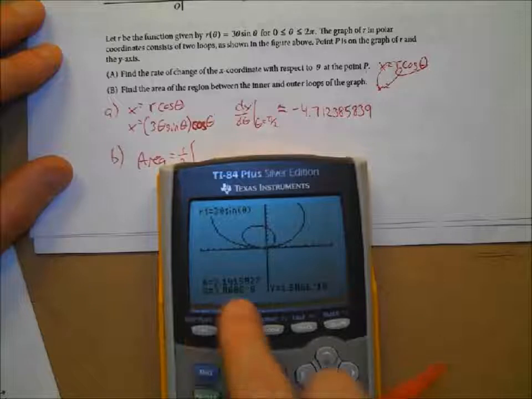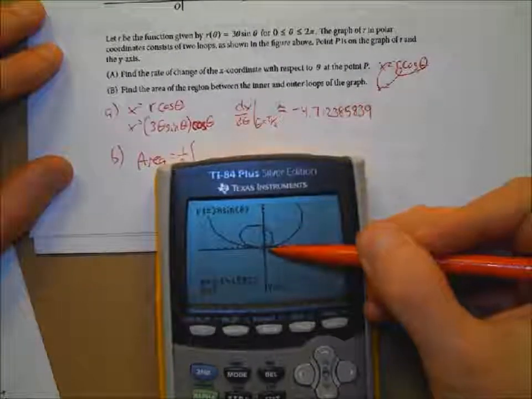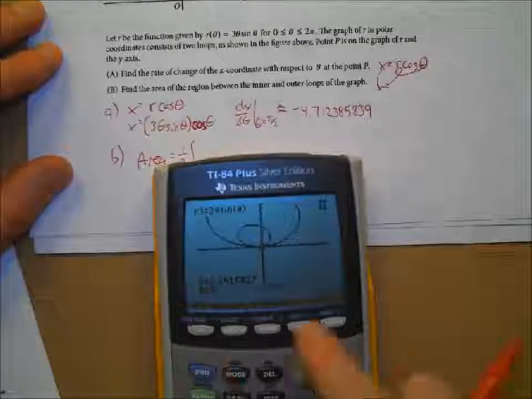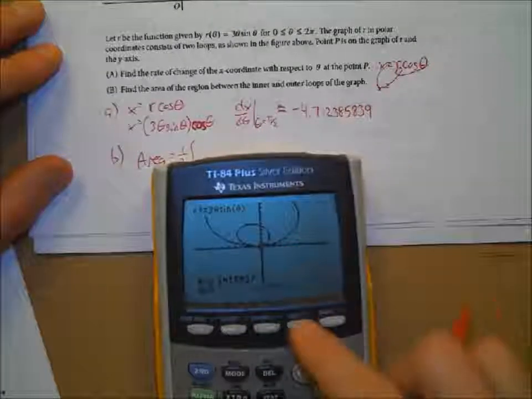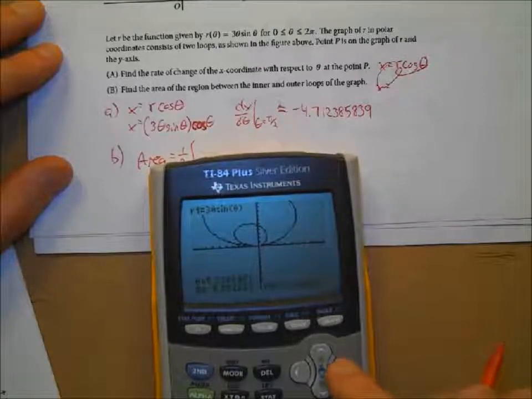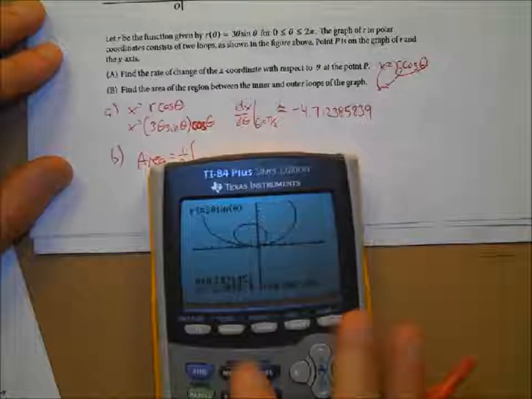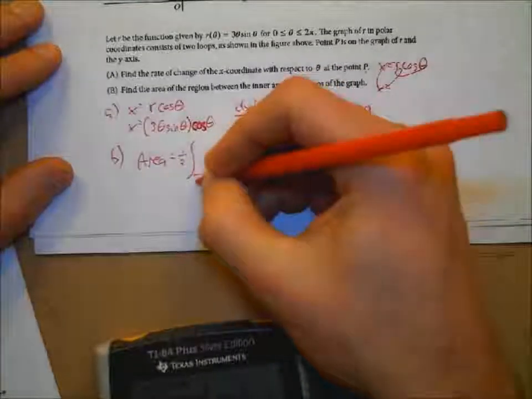And it looks like at pi we're back at the pole. And so it's at pi when our big curve starts, and we trace around back to the 0 at 2 pi. So our outer curve is from pi to 2 pi.